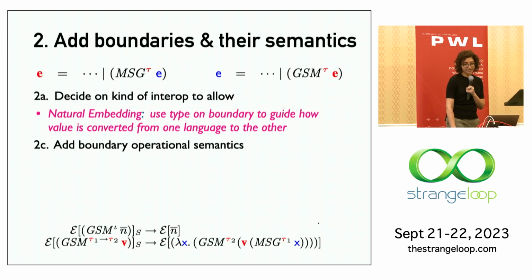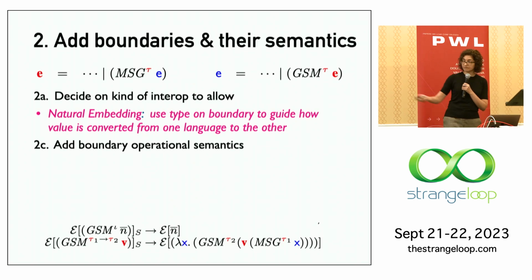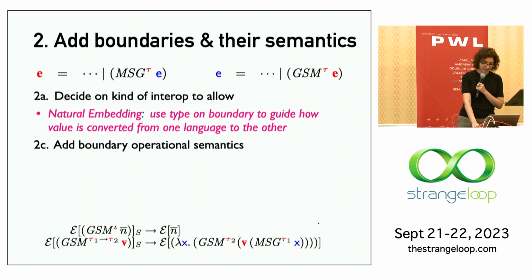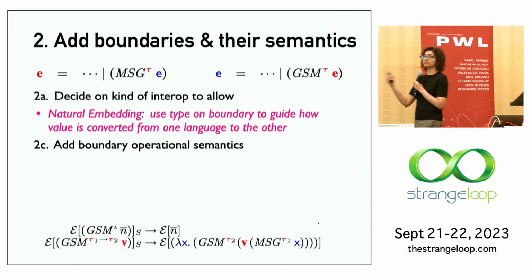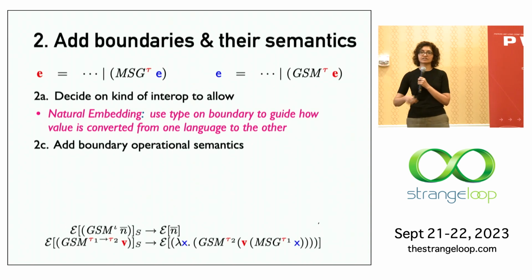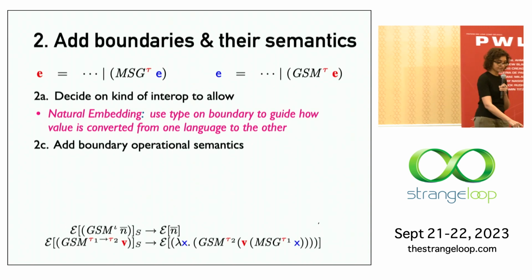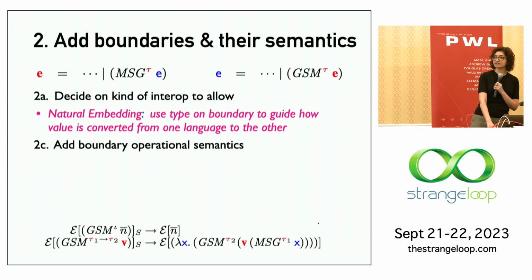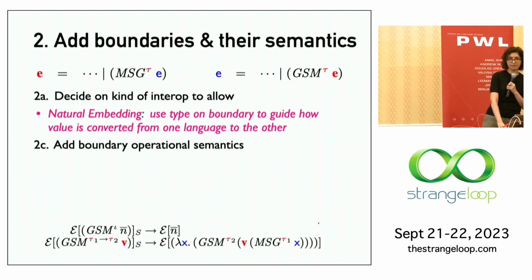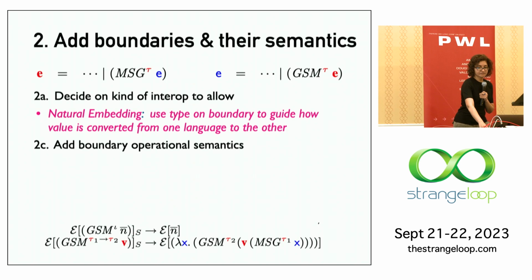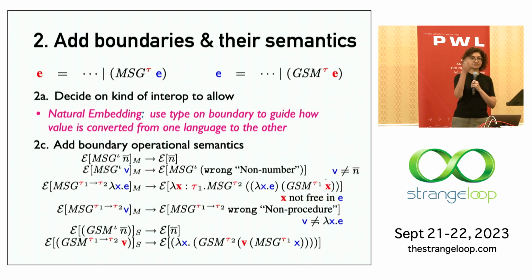And if we have an ML function, indicated by this red V, we just do the same wrapper trick again. This time we wrap it in a blue Scheme function, and we convert the argument to ML, feed it to the function, take the result, and convert it back to Scheme. Just the opposite direction. Okay, so that's the natural embedding. That's the full semantics in the paper for how you would do something like this, called the natural embedding.